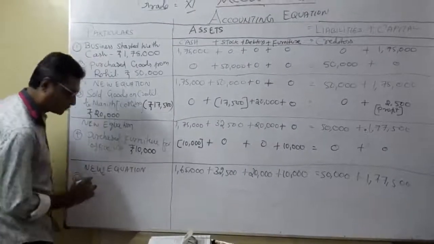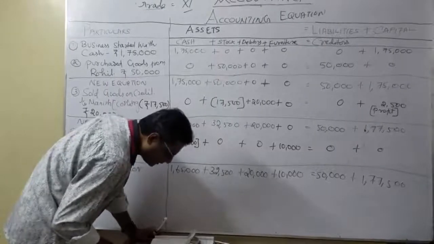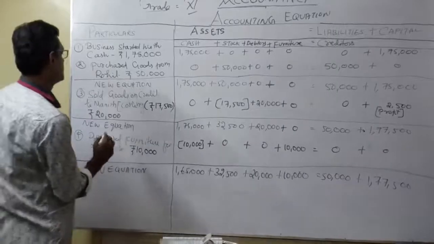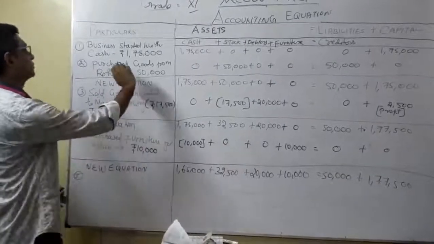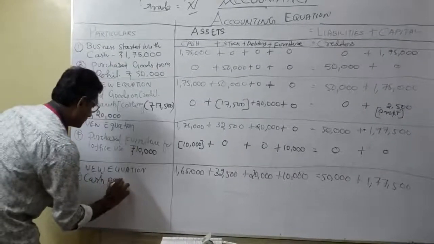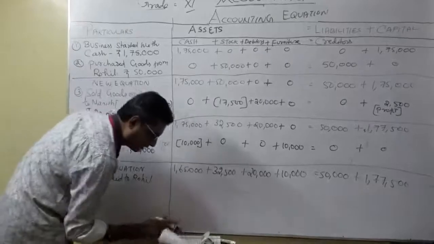Correct? So what is the fifth one? It's a very important one. What is the fifth one? Cash paid to Rohit. See, cash paid to whom? Rohit. Cash paid to Rohit. What did they say?